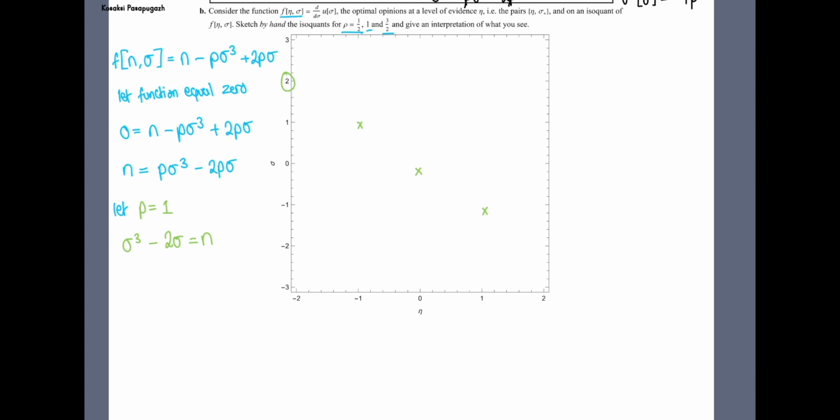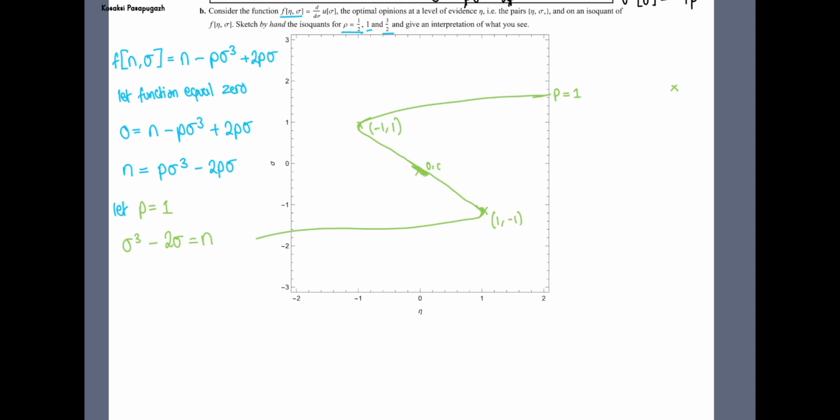When sigma is equal to 2, we get 4, which would be somewhere off this graph. So we will get something that looks like this, going through 0, 0, going through this point, and steadily increasing towards that. So this would be when rho is equal to 1.